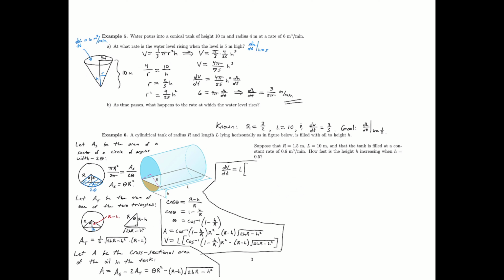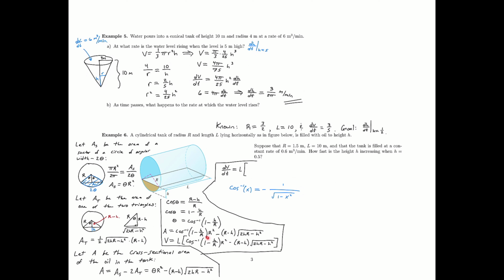We'll differentiate the interior. Remember that the derivative of inverse cosine of x is going to be negative 1 over the square root of 1 minus x squared. So this is a chain rule, though, because we have an inside function.